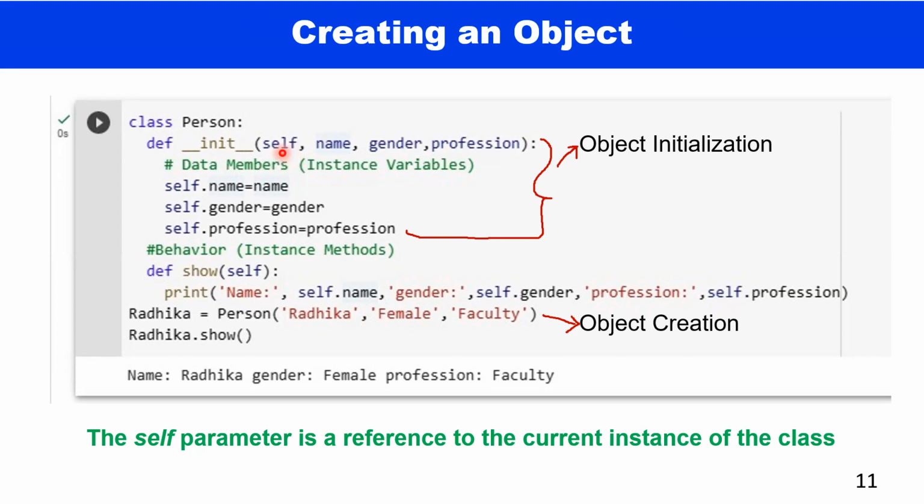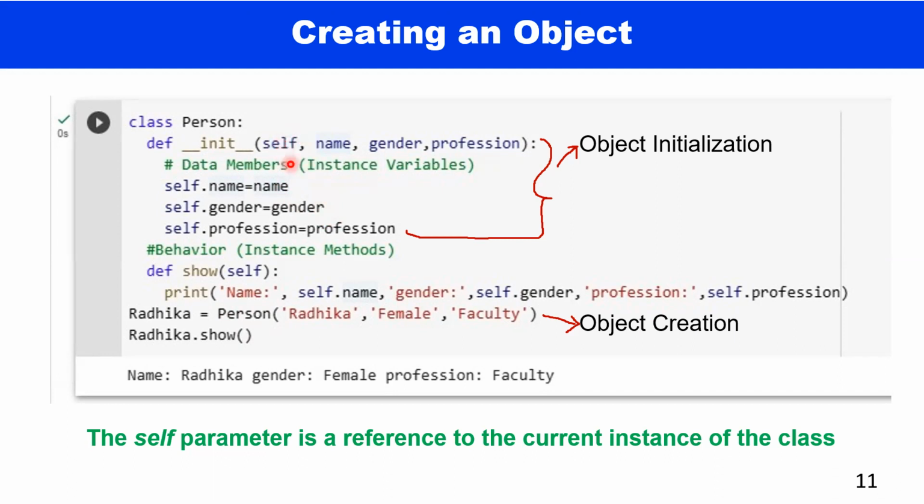You can give any other name. It need not be self. Self is not a keyword, but you have to use some variable name, and that variable name represents the current object. That means when you are creating an object, you are assigning some values to that object. Likewise, if you create another object, let us say object 2, in that case self becomes object 2.